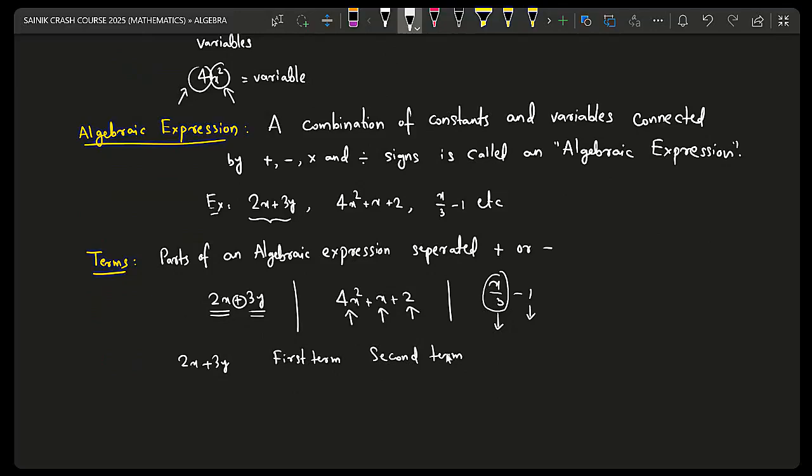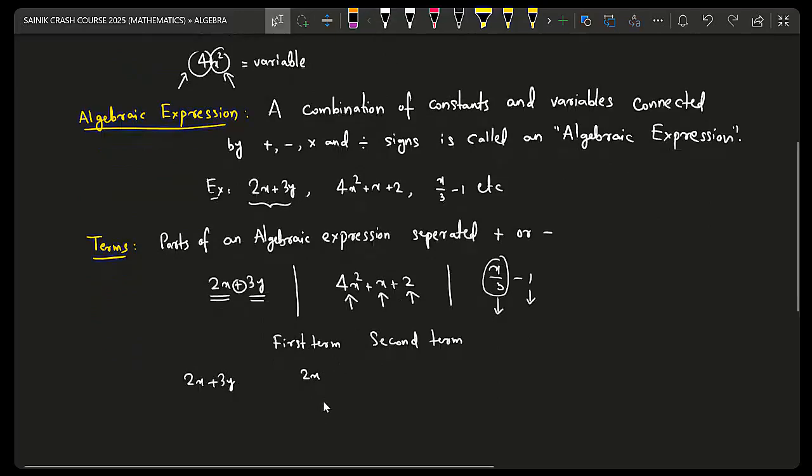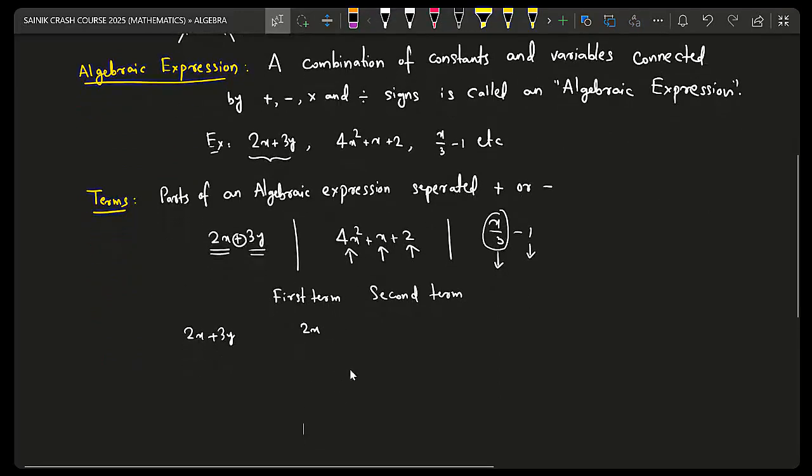What is the first term of this algebraic expression, Manaswini? Sir, 2x. Yes, it is 2x, because plus is going to divide the terms, separated by plus. And what is the second term in this? 3y, right? Yes, sir.